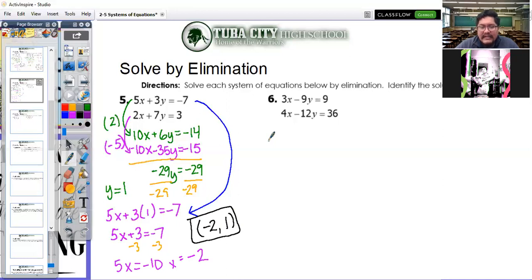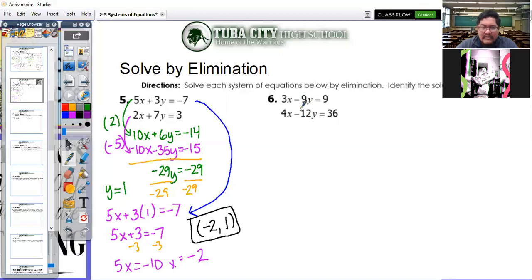Let's go ahead and move on to the next one. So in this case, y is not a good candidate because they don't match up. If I were multiplying by 9, so 9, 18, 27, 36, 45, and so on, the soonest number those would meet up at would be 36.